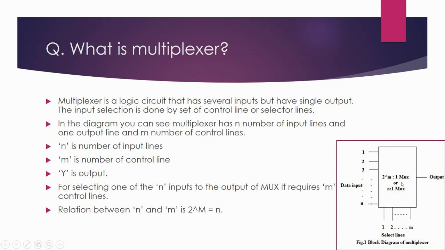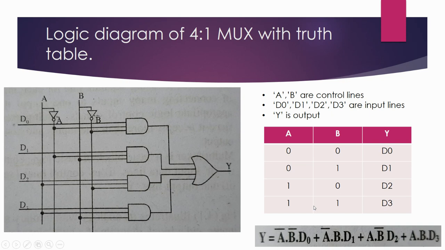So now we know how the block diagrams for 2 is to 1, 4 is to 1, 8 is to 1, and 16 is to 1 are made and how we select the select lines.